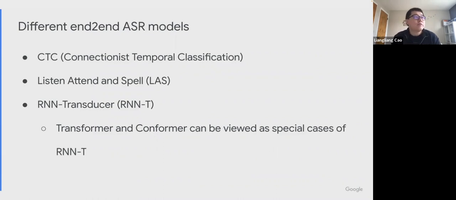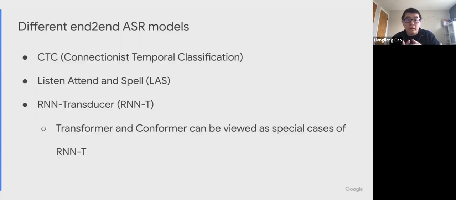There are several different end-to-end ASR models. In Google these days, most of the time we use RNN-T, called RNN Transducer. It follows the paradigm of an encoder, which is the RNN, and a decoder, which is the transducer. But I list CTC and LAS here because in our research, later we'll show that although CTC and LAS are not used in production, they will be very helpful, especially CTC, to train as a teacher.